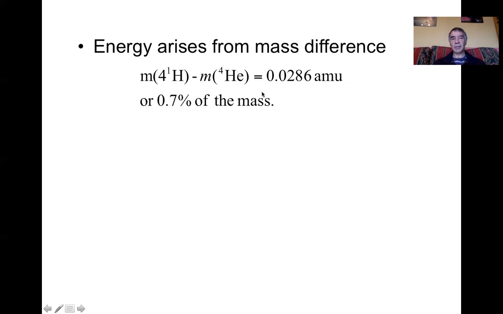If you look at this as a percentage, you just take this and divide by 4, and that shows you that basically 0.7% of the mass, or 0.007 of the mass, is disappearing as a fraction during this reaction. So that's where the energy is coming from.